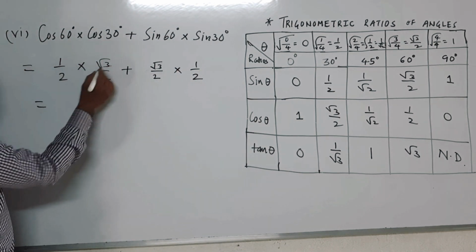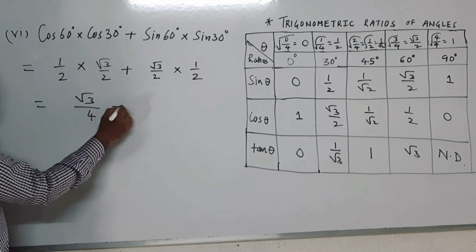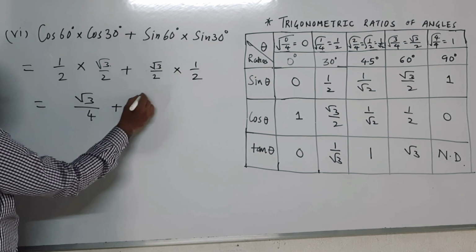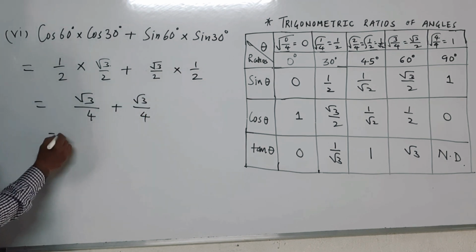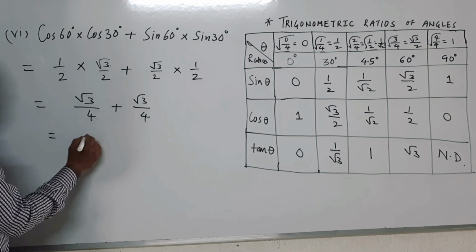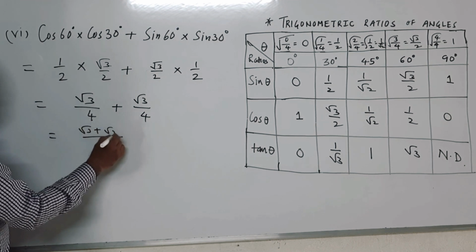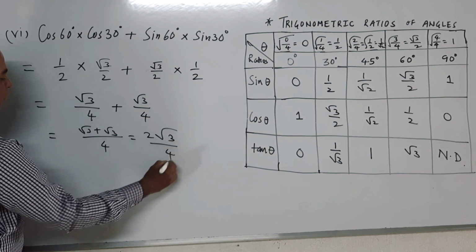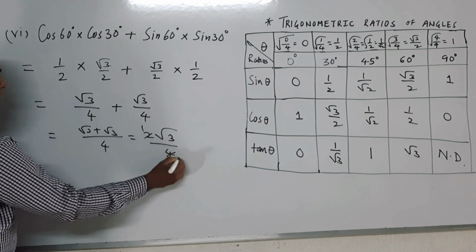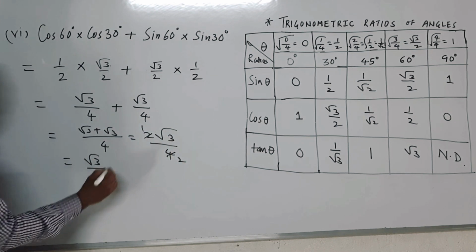Is equal to 1 into root 3 is root 3, 2 2s are 4, plus root 3 into 1 is root 3 upon 2 2s are 4, which is equal to, same denominator, adding the numerators, root 3 plus root 3, which is equal to 2 root 3 upon 4, 2 1s are 2, 2 2s are 4, that is root 3 upon 2.